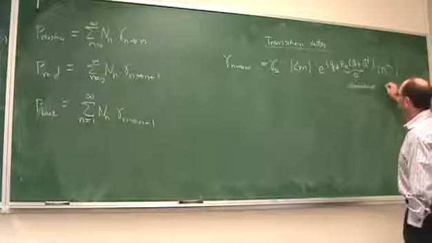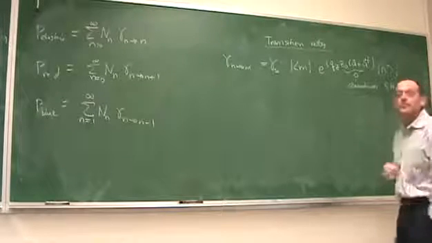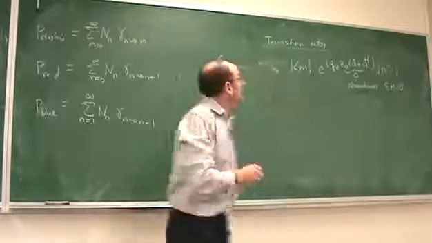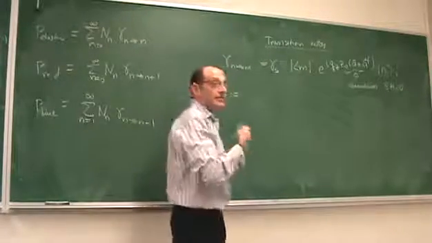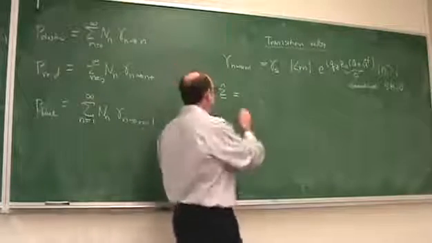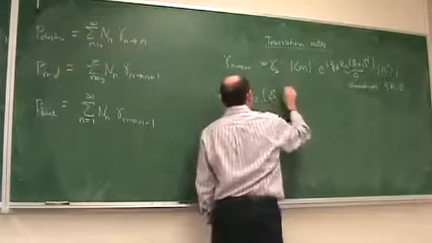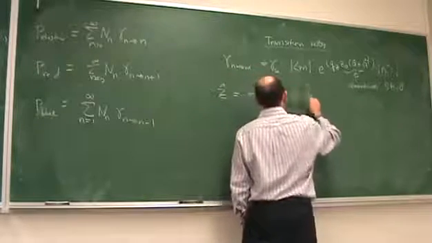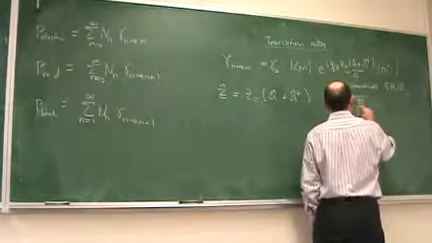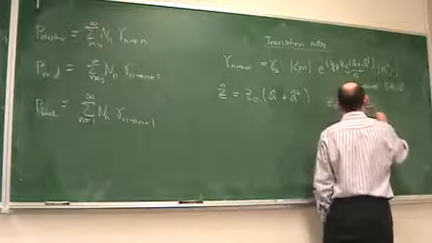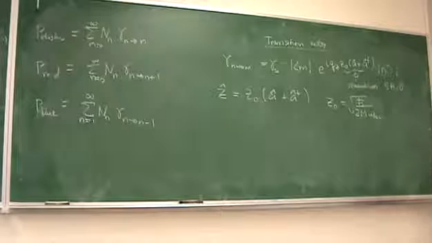So let me remind you about the quantum simple harmonic oscillator. If I write the position operator, it depends on the raising and lowering operators with a characteristic width that depends on the mass and the oscillation frequency.